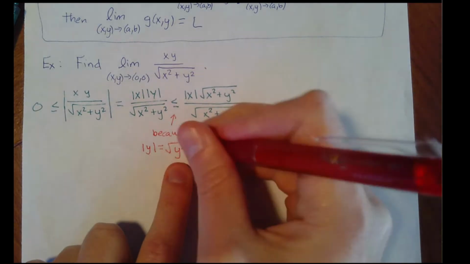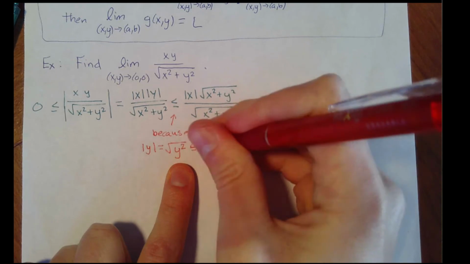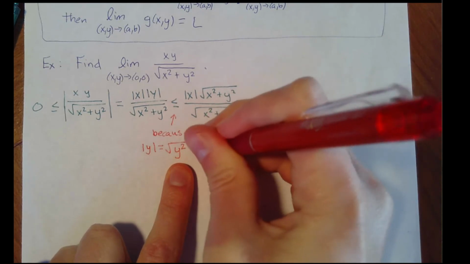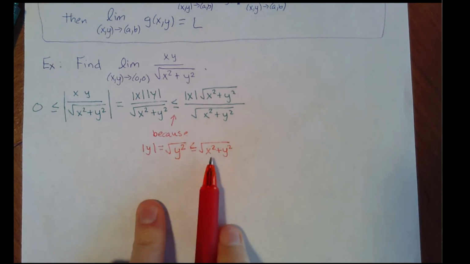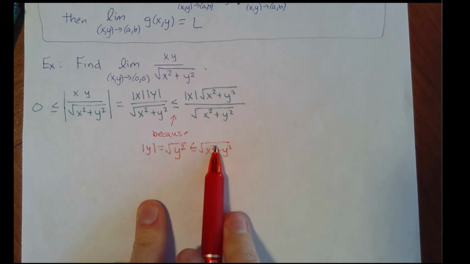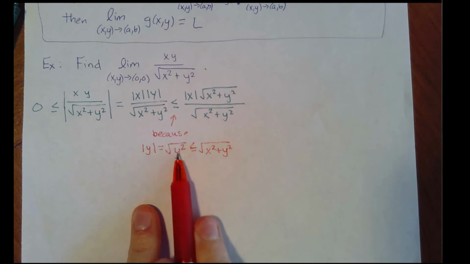And I know that the square root of y squared is less than or equal to the square root of x squared plus y squared, because x squared, since it's squared, is always a positive number. So if I take y squared and add something positive to it, it's going to be bigger than y squared with nothing else added.